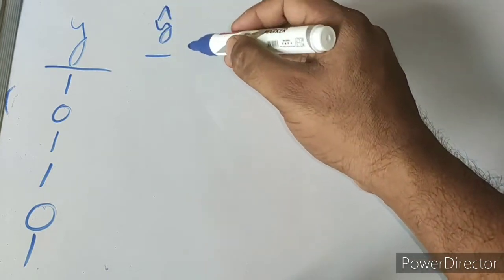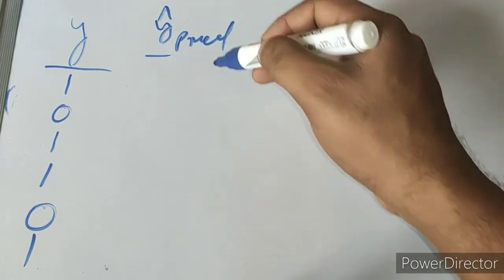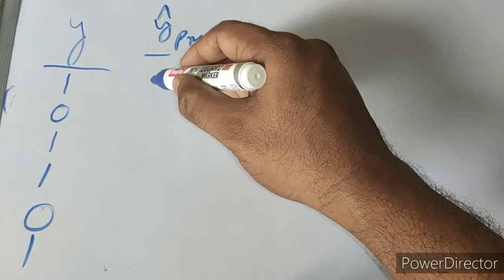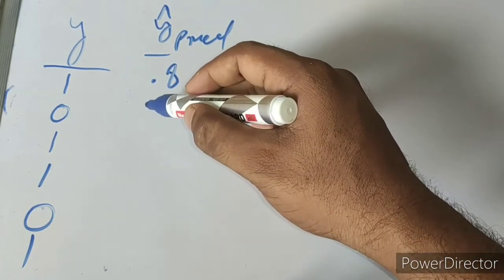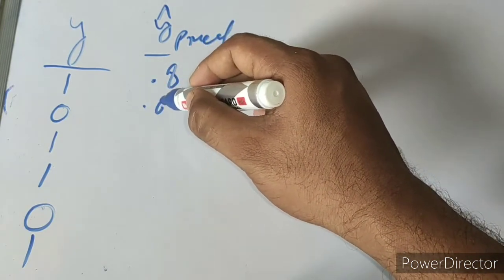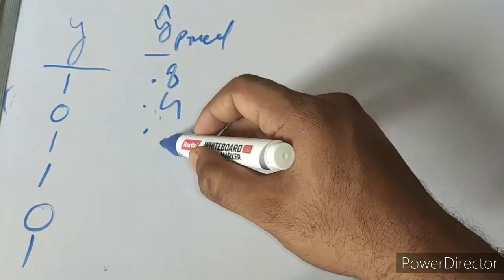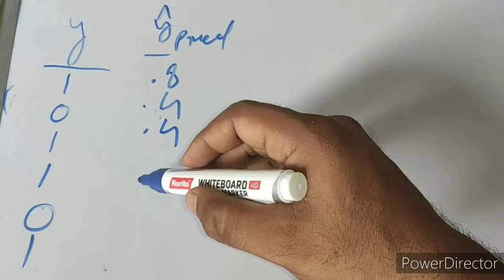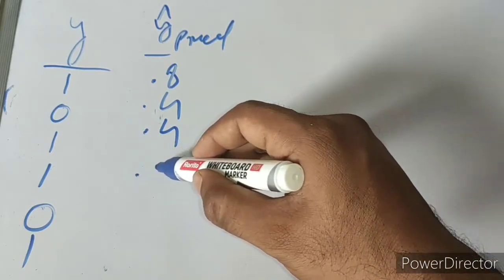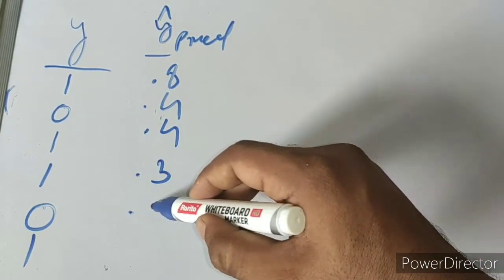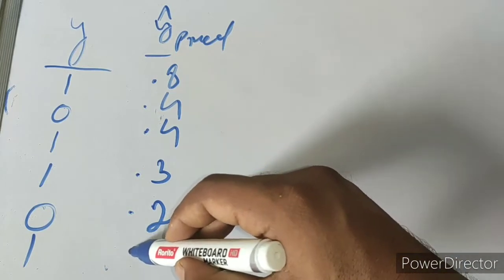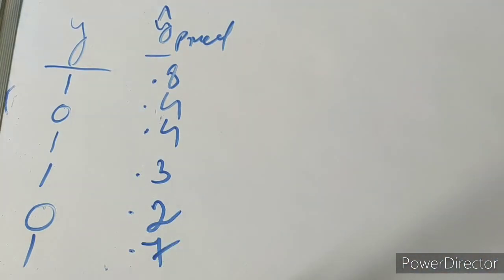If you see Y cap prediction, it will come like 0.8, 0.4, again 0.4, 0.3, 0.2 and 0.7. Like this Y prediction will come.